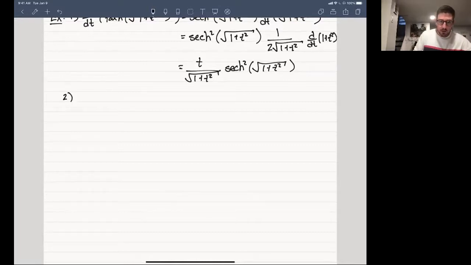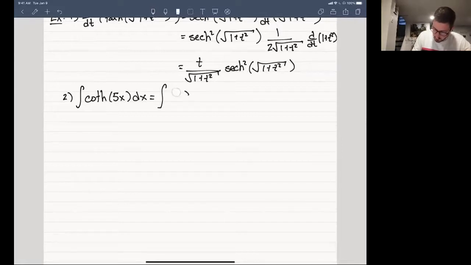Okay, how about if I have the integral of hyperbolic cotangent of 5x dx? Well, let me first remind myself, what is the hyperbolic cotangent?